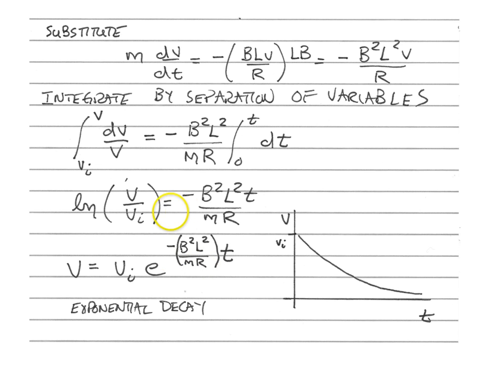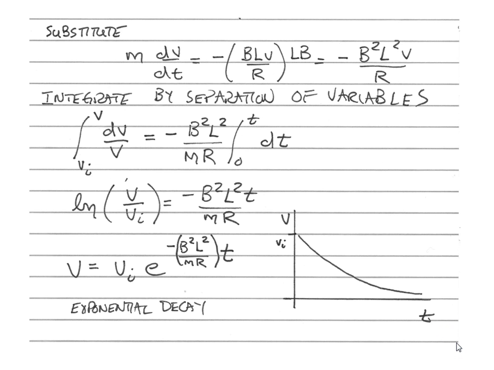And of course there's a negative sign there, and that gives us the idea that the velocity gradually approaches 0 as time goes on. And that result should make sense. So if you look at the graph here, the graph should make sense. We're starting with some initial velocity, and that initial velocity exponentially decays to 0 as time approaches infinity.